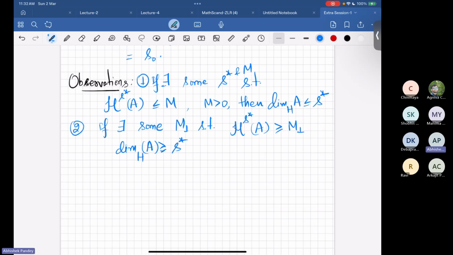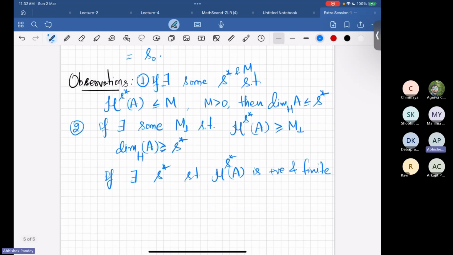If there exists an S star such that the Hausdorff measure of A is positive and finite, then the Hausdorff dimension of A is nothing but S star.